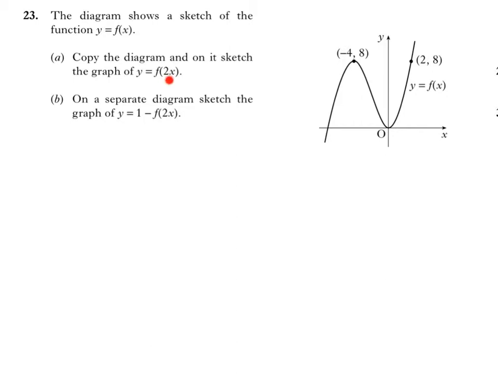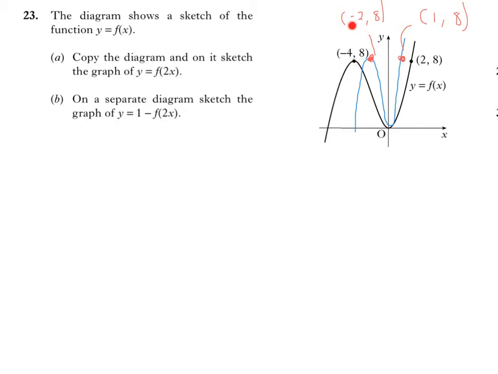Now you need to think about what happens there: it affects the x-coordinates, but a horizontal compression wouldn't affect the y-coordinates, here 8, 0 and 8, but it would result in a compression of the x-coordinates minus 4 and 2. So there we go, that's a horizontal compression.